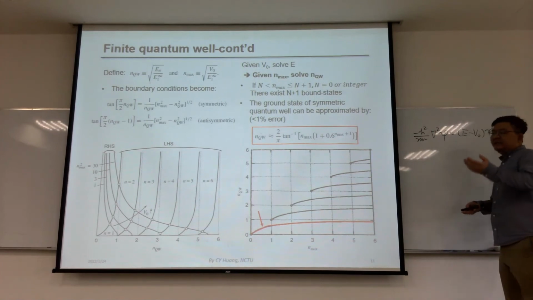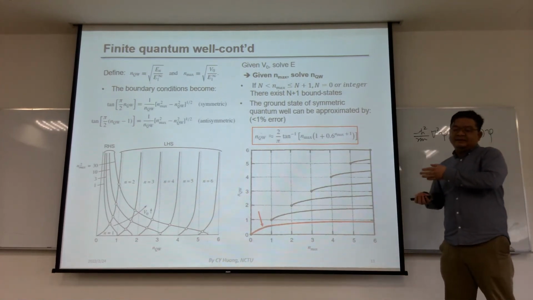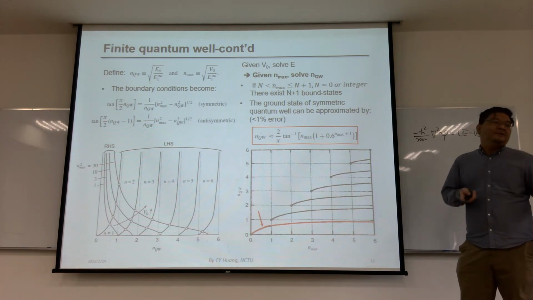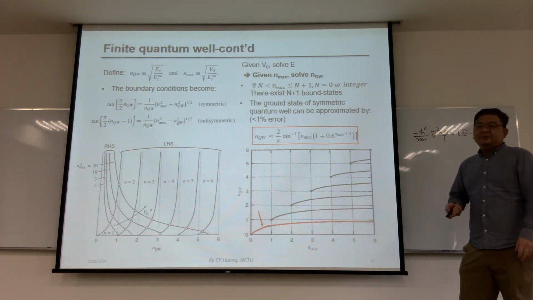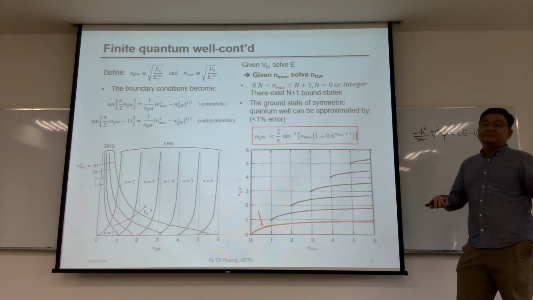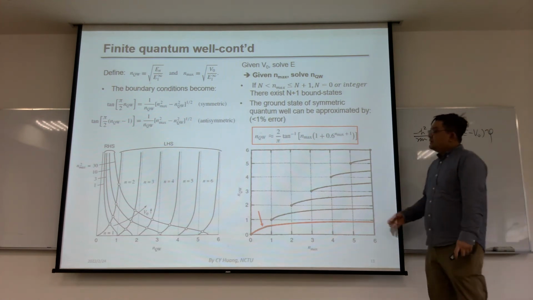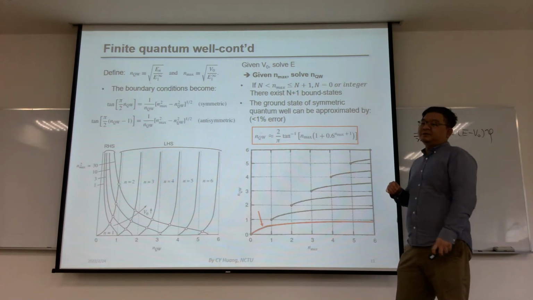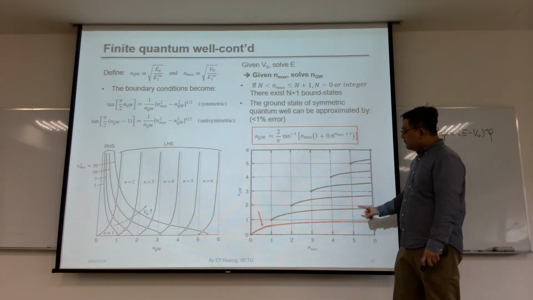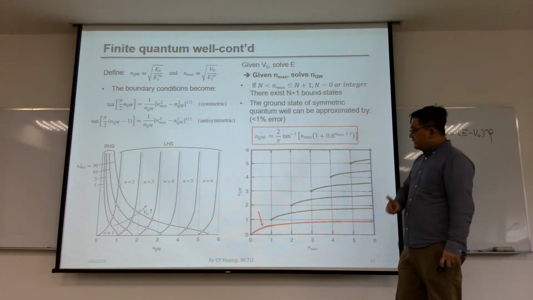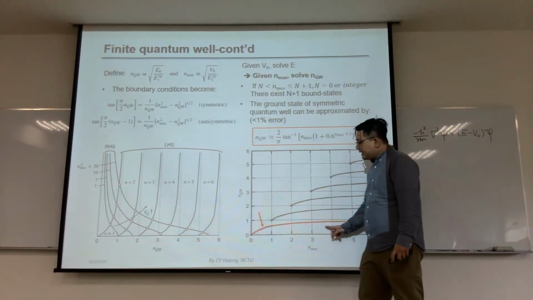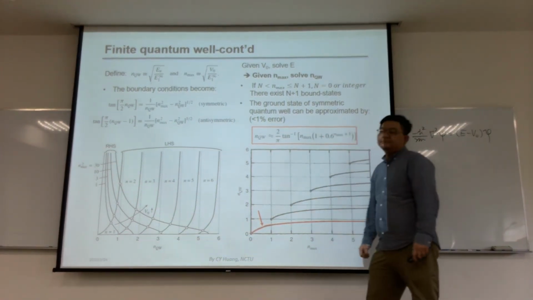But since this was developed probably 40 or 50 years ago, by that time we didn't have a good computer, so lots of people were trying to do numerical approximations. That means they wanted to find an equation that if you put N max in, you can directly calculate the NQW.